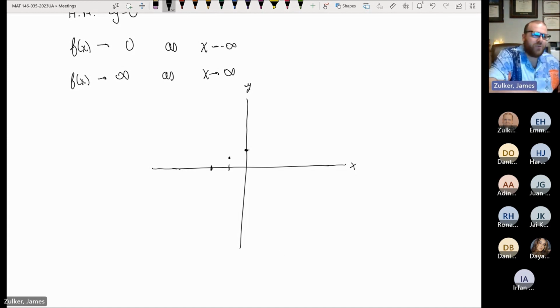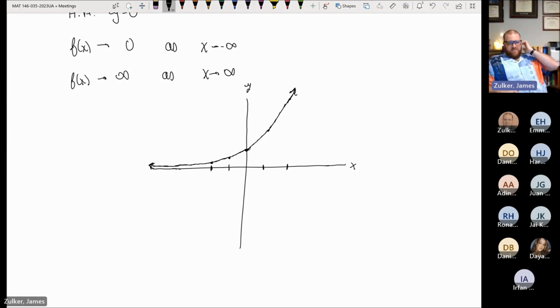Say there's negative 2. 2 to the negative 2 would be, I'm sorry, positive 1/4, and so on and so forth. 2 to the first power is going to be 2. 2 to the second power is going to be 4. So maybe something like that.